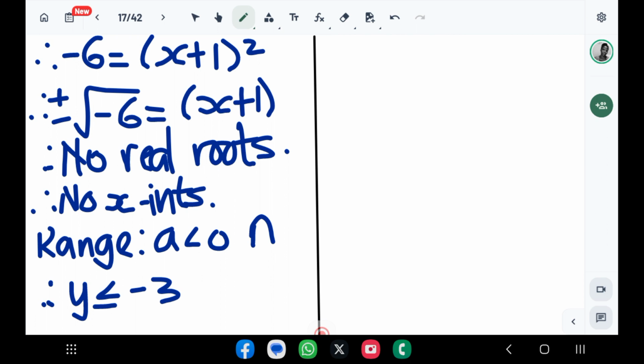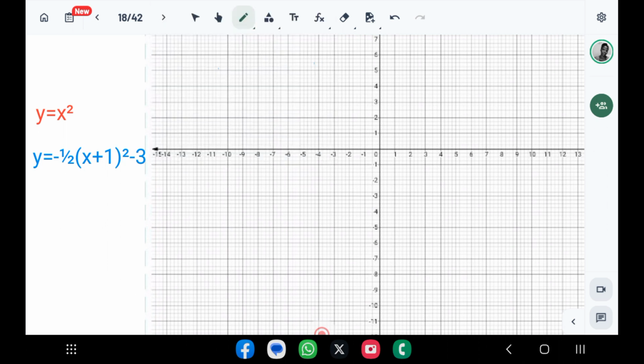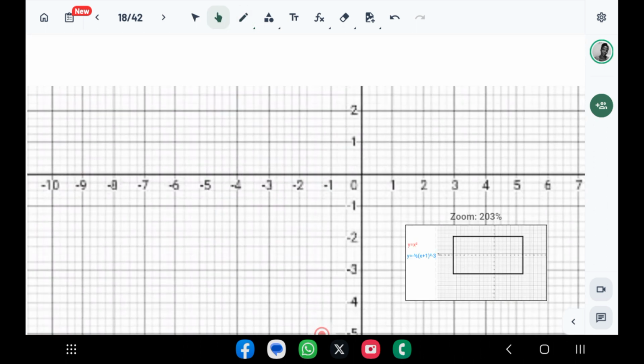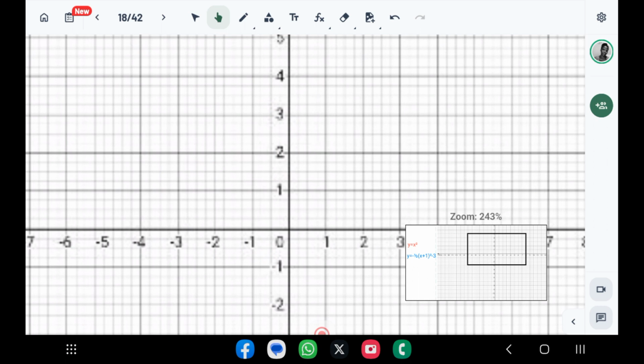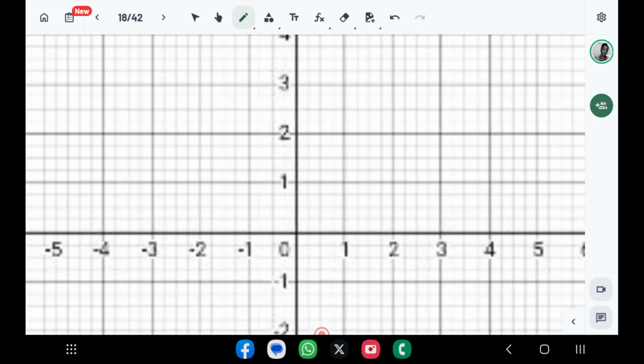Now, let's plot the graph. Before we plot the graph, let's plot the most basic standard graph, y equals x squared. You don't need to do this. I'm doing this so that you have something to compare with, and you can see that the shifts we say are going to happen will happen.